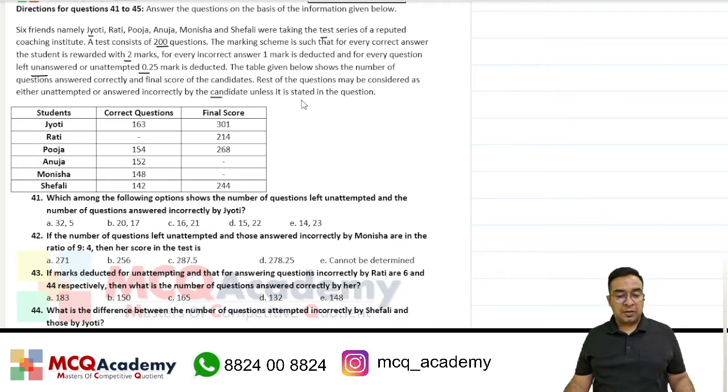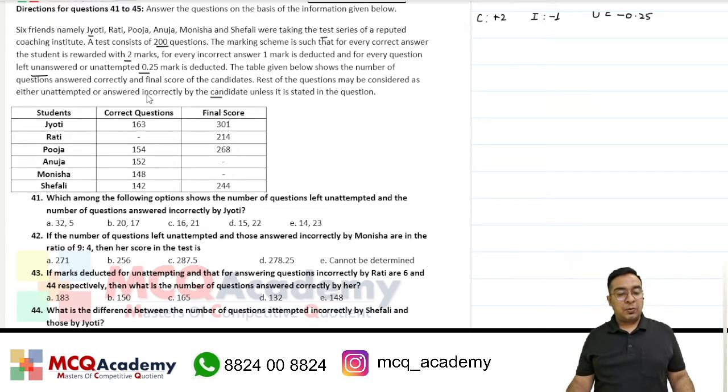in the question. तो यहाँ पे सबसे पहले आप देखिए कितना कितना हमारे पास में स्कोर बन रहा है. So for correct value which is being represented by C, the marks that we get is +2. For incorrect answer represented by I, the marks that we get is -1. And for unanswered represented by U, we get minus 0.25.